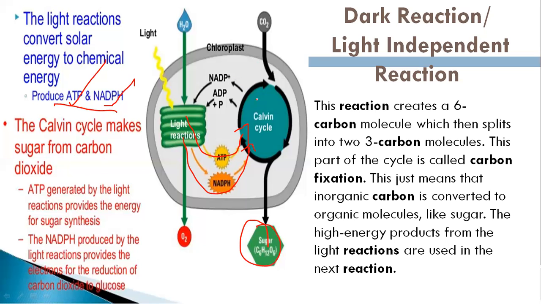We know that till here, where we have finished the light reaction, there is no use of carbon dioxide. Now carbon dioxide is utilized in the Calvin cycle. So what happens in this reaction? ATP generated by the light reactions provides energy for sugar synthesis.